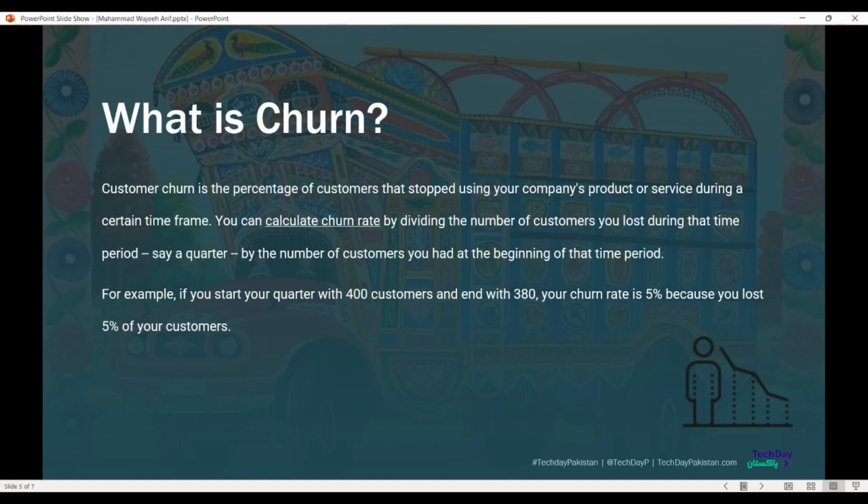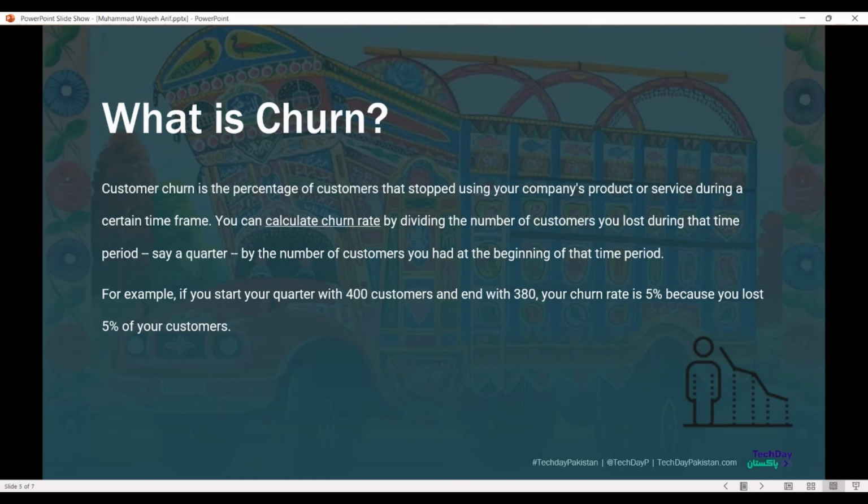So let's discuss what churn rate is. Churn rate, sometimes known as attrition rate, is the rate at which customers stop doing business with a company over a given period of time. Churn may also apply to the number of subscribers who cancel or don't renew a subscription.